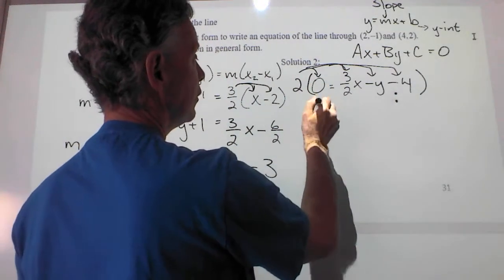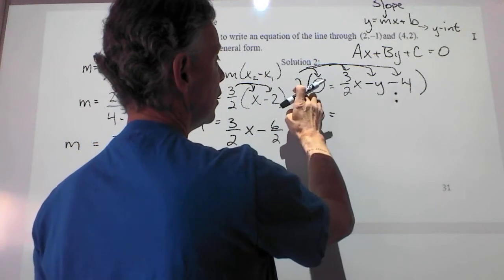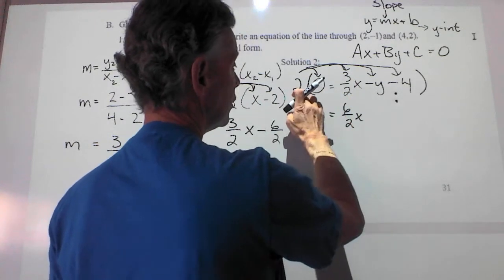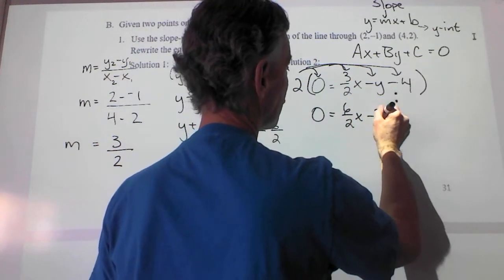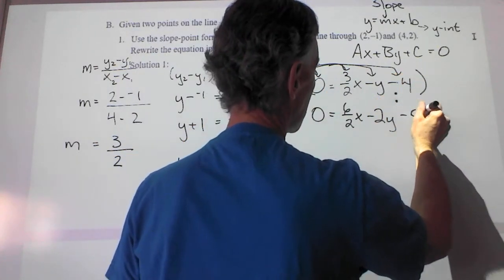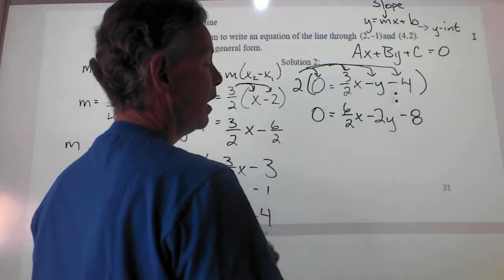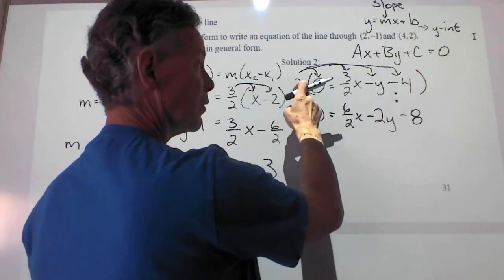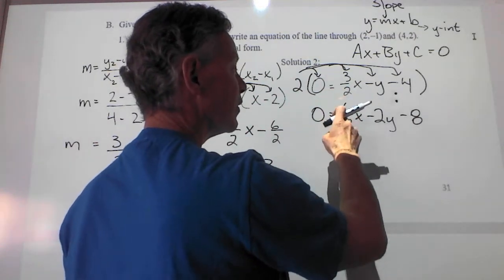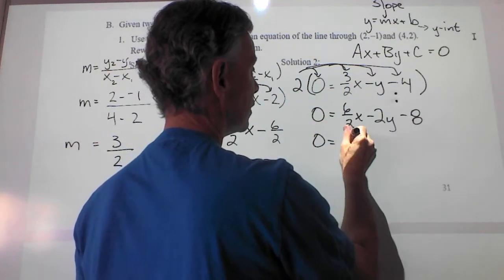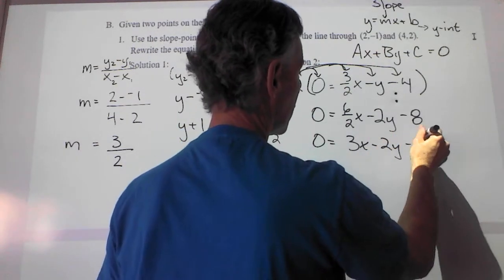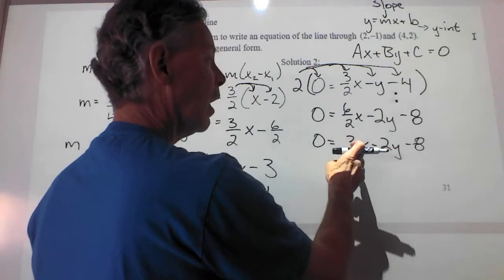So 2 times 0 is 0. 2 times 3 will give us 6/2x. 2 times -1 will give us -2y. 2 times -4 will give us -8. And then, and it's the reason we do this, our new fraction will simplify to a whole number. It'll simplify to 3x minus 2y minus 8.